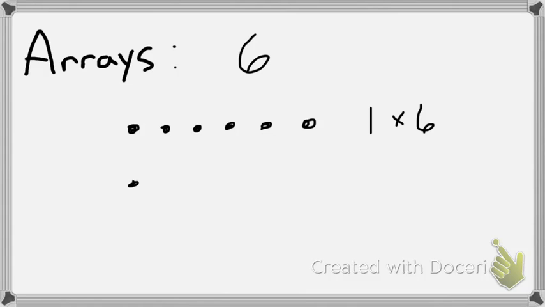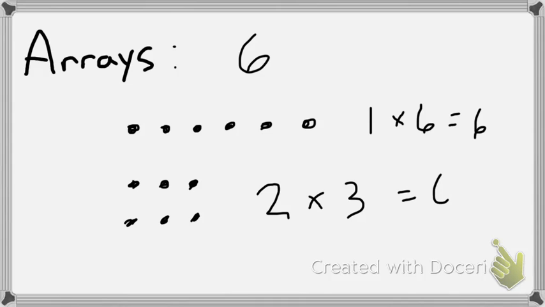Another way to do that is to have 2 rows of 3 numbers. And both of these equal 6. And that's how we get the factors. 1, 2, 3, and 6 are the factors of 6. And this is by using arrays.